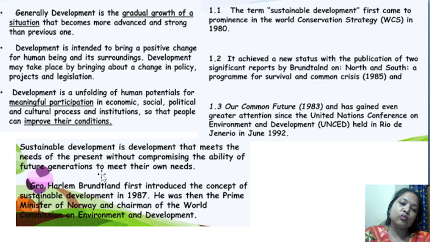Then due to our carelessness, if this resource is depleted in the near future, our future generations will suffer. They will not get this petroleum for their consumption, isn't it? So we cannot call that sustainable development. Sustainable development is that type of development where we meet all the needs of our present condition without compromising the ability of future generations to meet their own needs. I think you can understand.